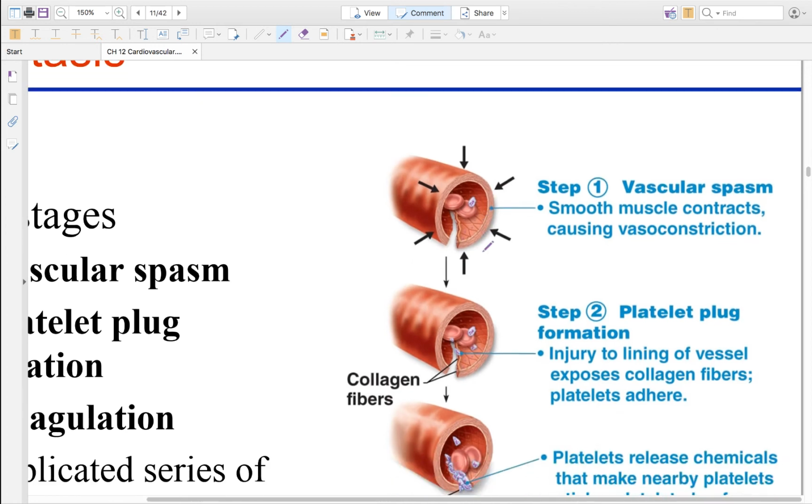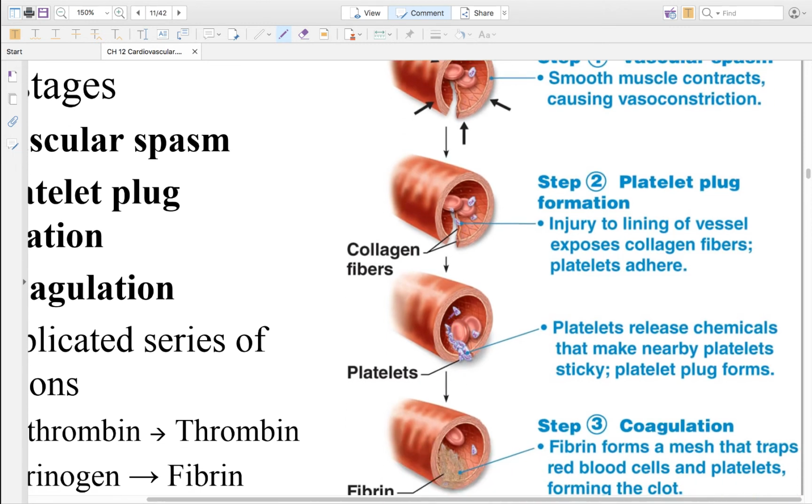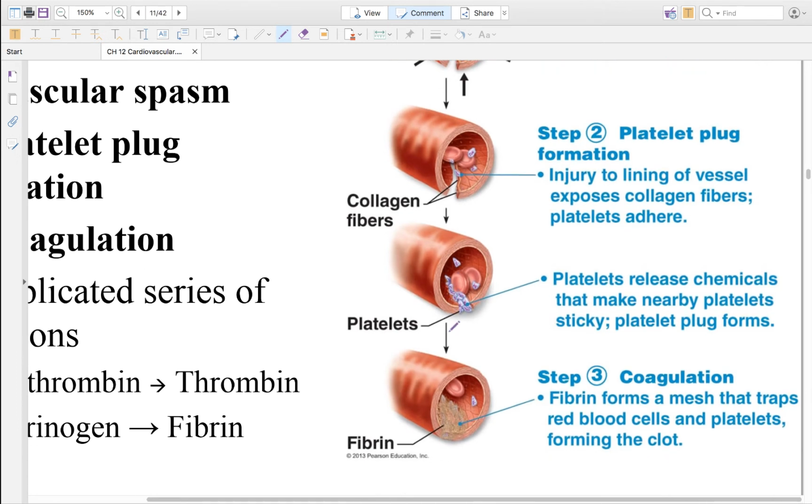The second step is the platelet plug formation. Platelets congregate in the wound or the damaged area, and they make a little mesh network between platelets, collagen fibers, and fibrin.